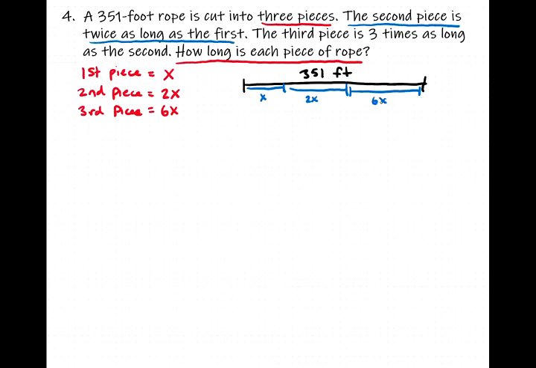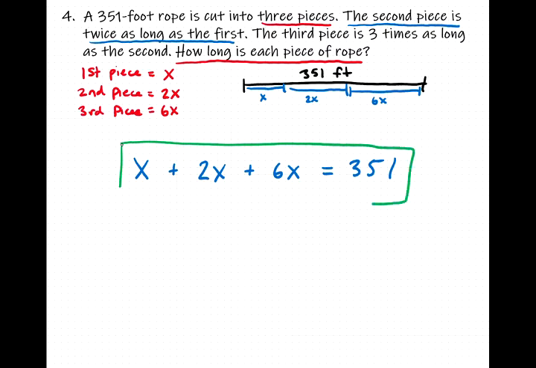Well, those 3 pieces together must add up to 351 feet. So the first piece plus the second piece plus the third piece equals the total piece of rope. So our equation could be x plus 2x plus 6x is equal to 351. And again, I'm going to stop here. We're just setting up the equation. We are not solving it.